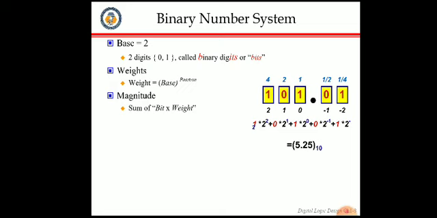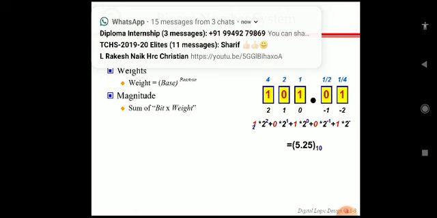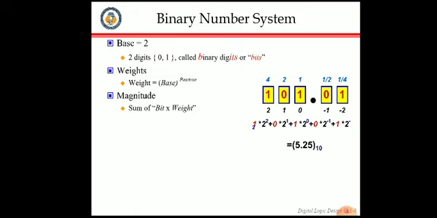Now, according to the general expression that we have seen just now, let us utilize that same expression and expand this number. Whenever you expand the given number in its radix, you will get finally the magnitude in decimal value.